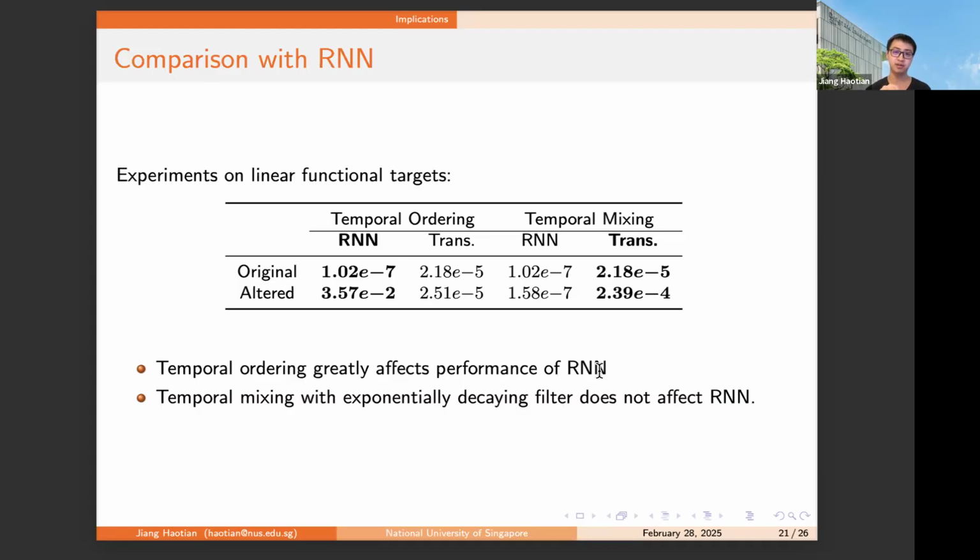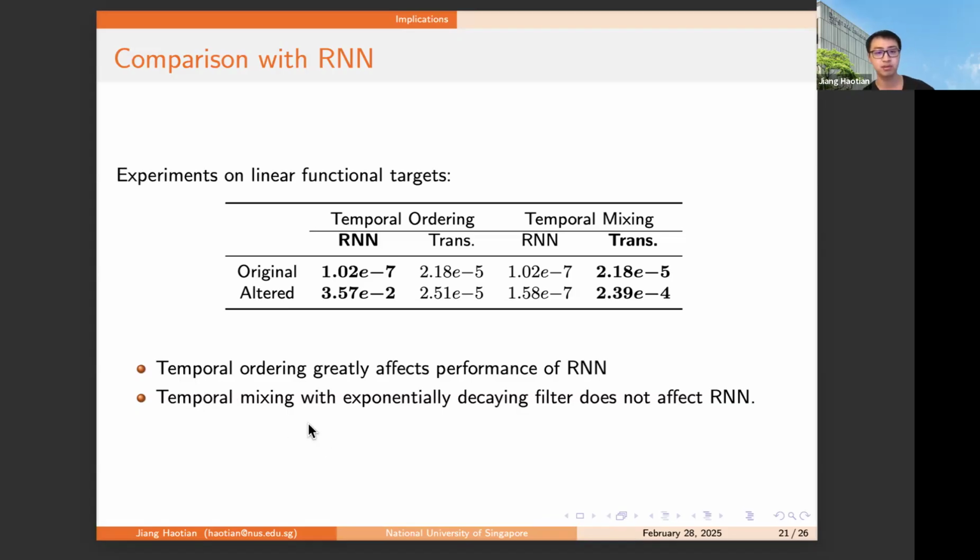Let's recall that the approximation complexity of an RNN considers the smoothness and decay of a memory function. If we do a permutation of the input, it is equivalent to doing a permutation on the memory function. So a memory function that is exponentially decaying will no longer be smooth and decaying after we do a permutation.